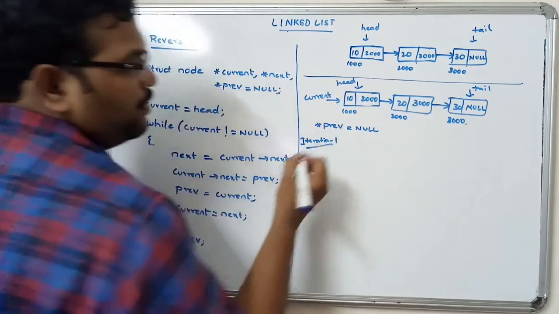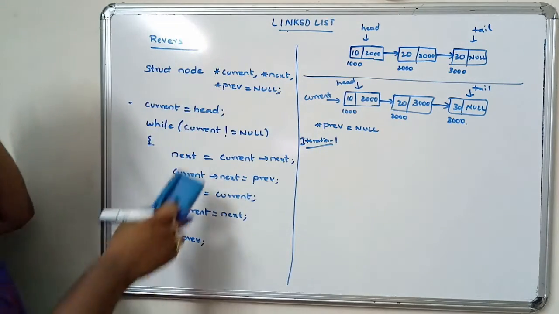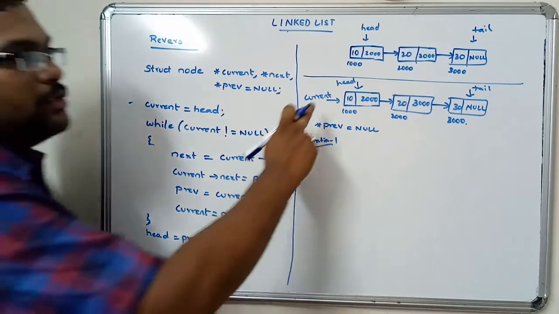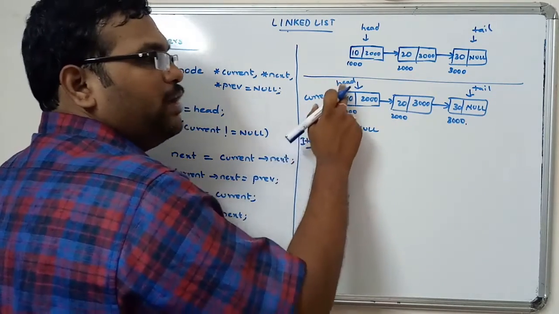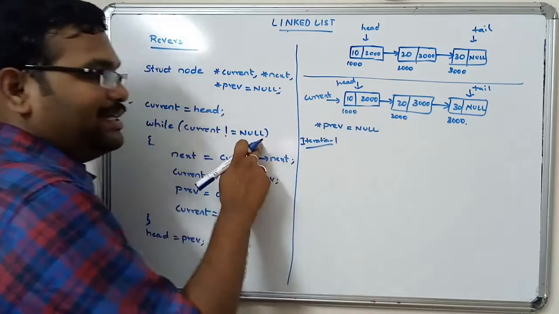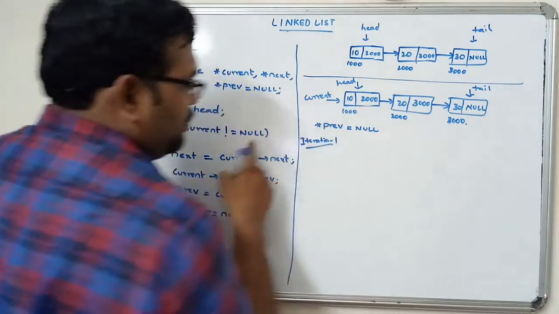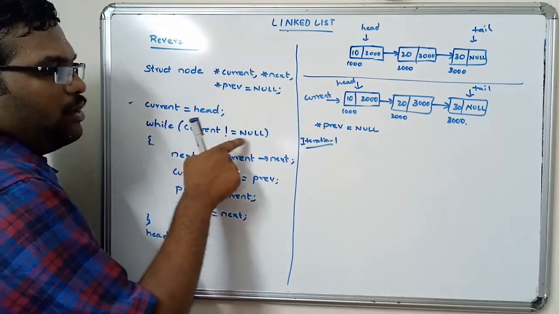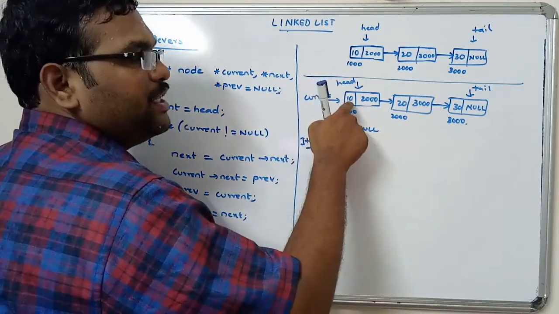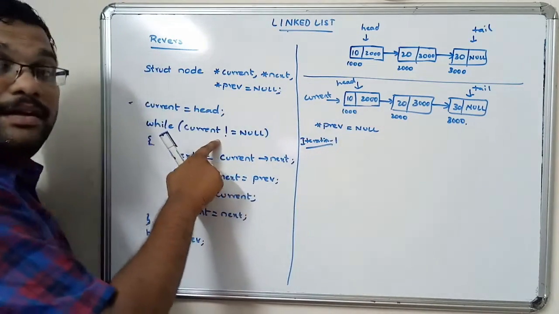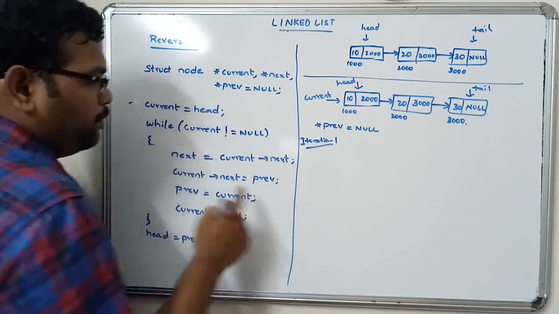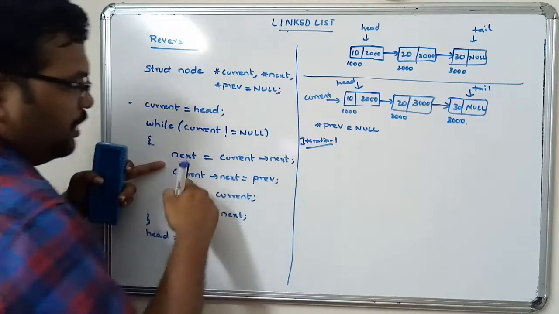Iteration 1. In iteration 1, current not equal to null. So here we are assigning the current to head, so current not equal to null. It's true. Right. Current is assigned with the 10 element, so the loop is true. So it enters the loop.